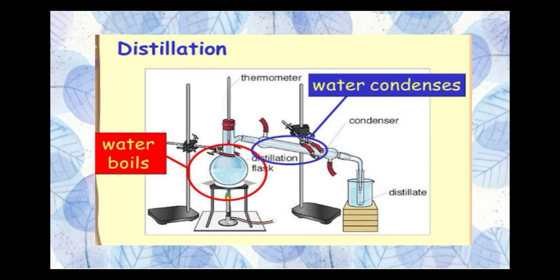And remember, distilled water is the purest form of water. This water is used in car batteries, scientific experiments, and also used in making medicines. But in distillation, both impurities and pure water are obtained.